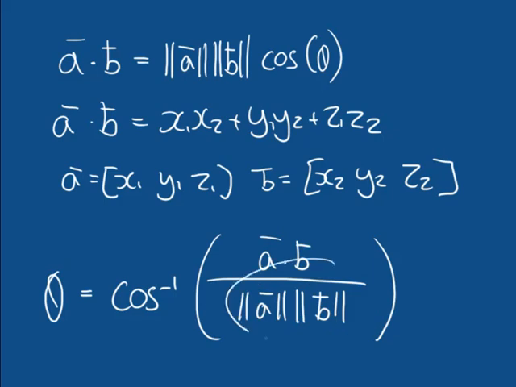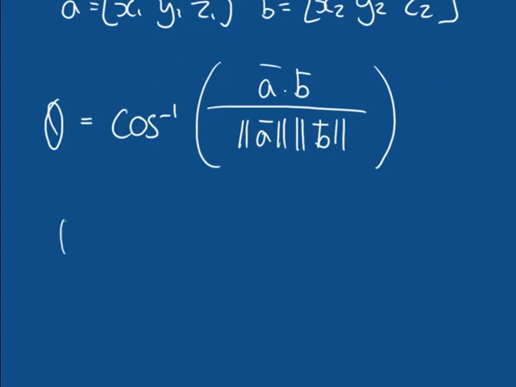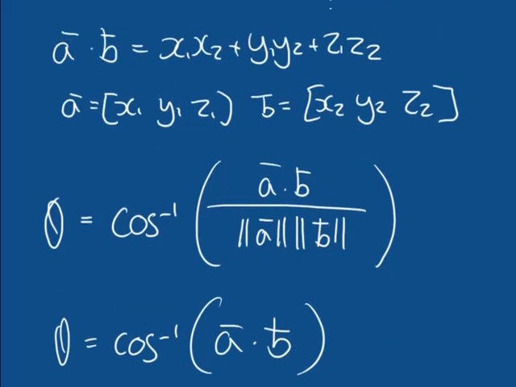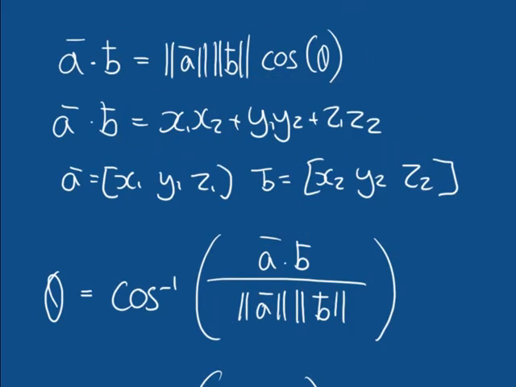Therefore, this equation simplifies down, and if they're unit vectors, the angle is equal to the inverse cosine of simply A dot B. We can calculate that using our second definition, the component definition, and that's actually quite an efficient calculation.